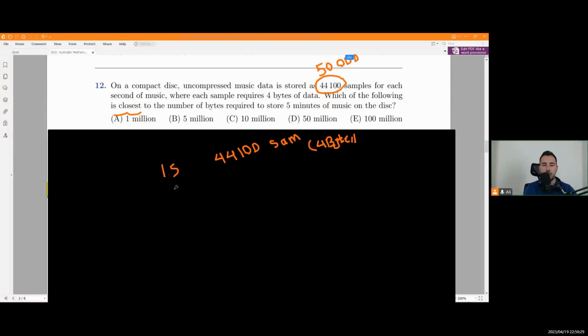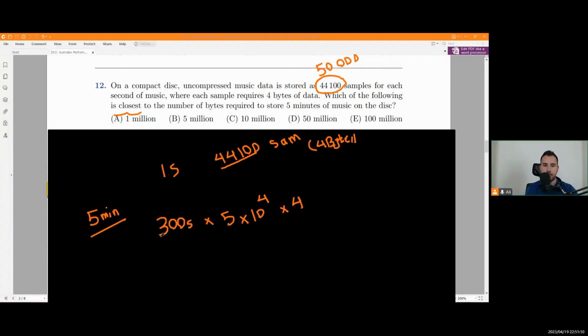Now we want 5 minutes. This would be multiplied by 60, 300 seconds. And each second had this many samples, 5 and 4 zeros. I'm going to write it like this, easier. And each one had 4 bytes. So let's see here.